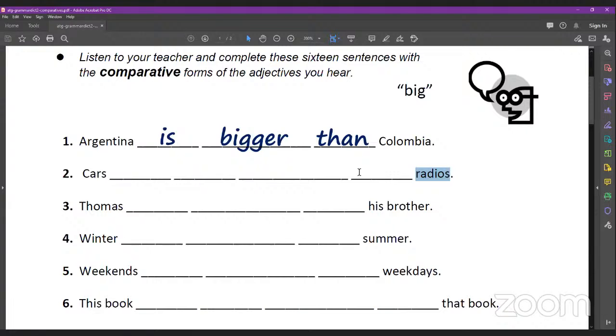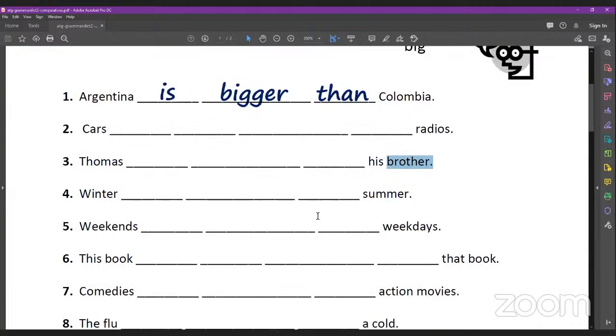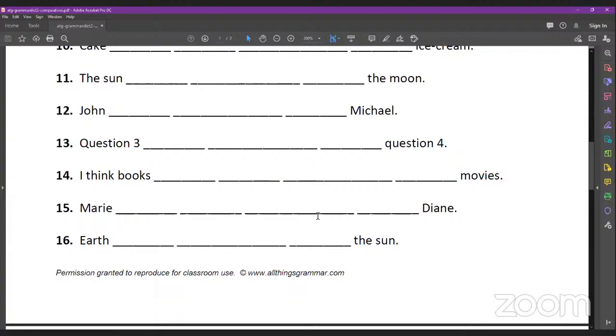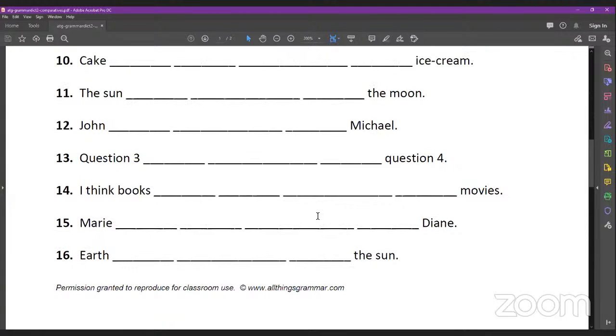In number 3, we're going to compare Thomas and his brother. And there are 1, 2, 3 blanks. And I want you to think once again of another adjective to complete exercise number 3. And so on, up to exercise number 16.